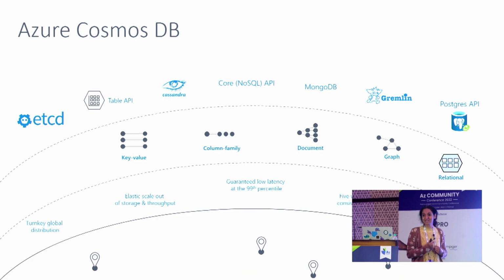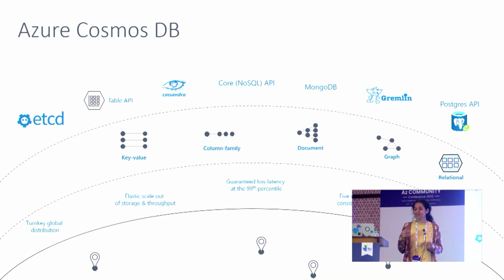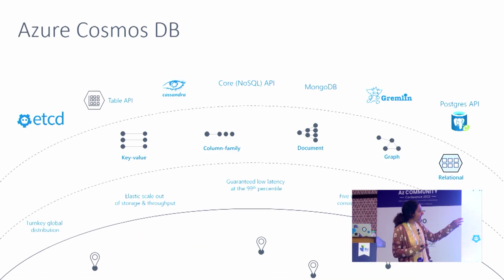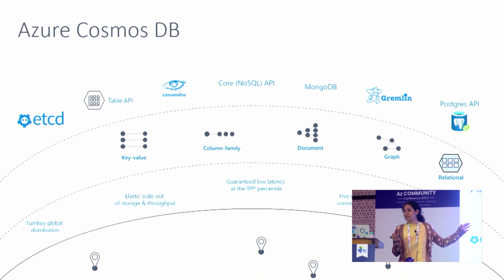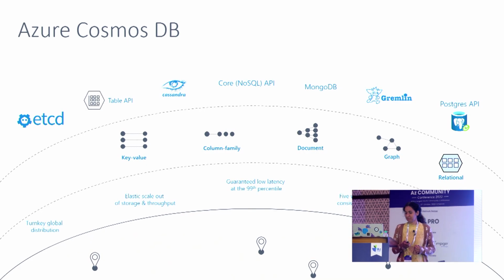Previously, it used to be called the SQL API. For all of those Cosmos DB folks, we have rebranded, finally bringing better clarity, calling it the NoSQL API. And then we do support third-party APIs such as MongoDB, open source APIs such as Cassandra, Gremlin, and the PG API as well. So all of those are available right there.